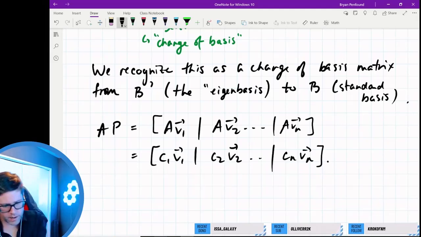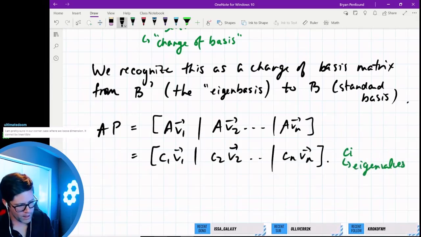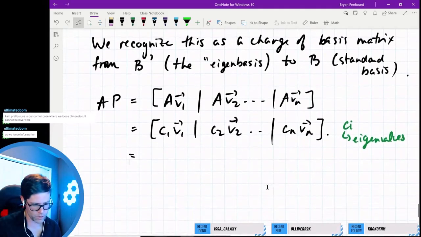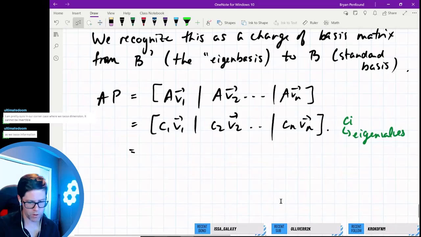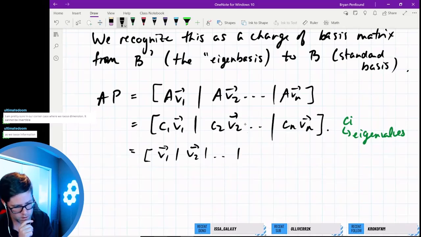Okay, so c_i here are eigenvalues. And the interesting part now becomes our ability to rewrite this in terms of a diagonal matrix representation. So what we can actually do now is think about this as a matrix that consists of our eigenvectors as columns.